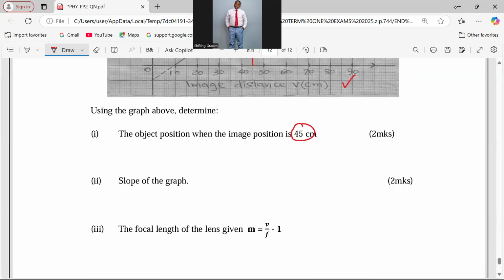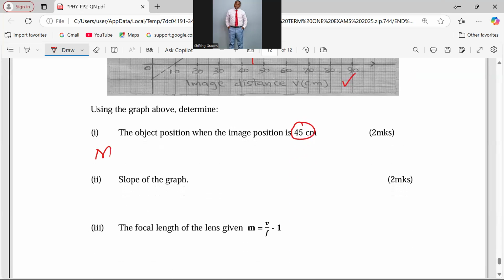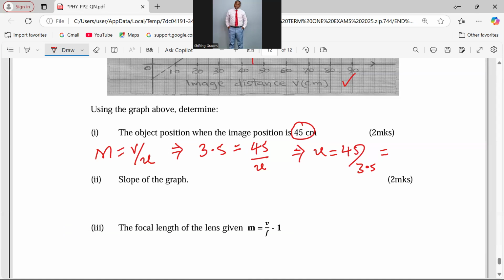So we can say that magnification is usually given by V over U. Therefore, magnification of 3.5 is equivalent to V, 45, over the unknown object position, which is now our letter U. Therefore, to remain with letter U, we have to take 45 and divide it by 3.5 so that we get the object position.